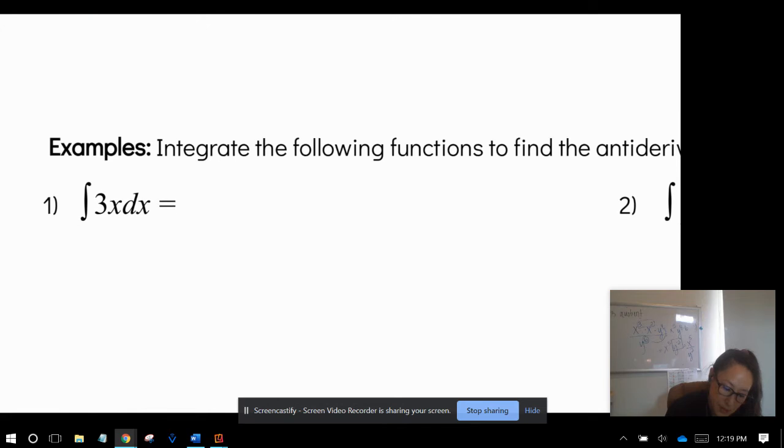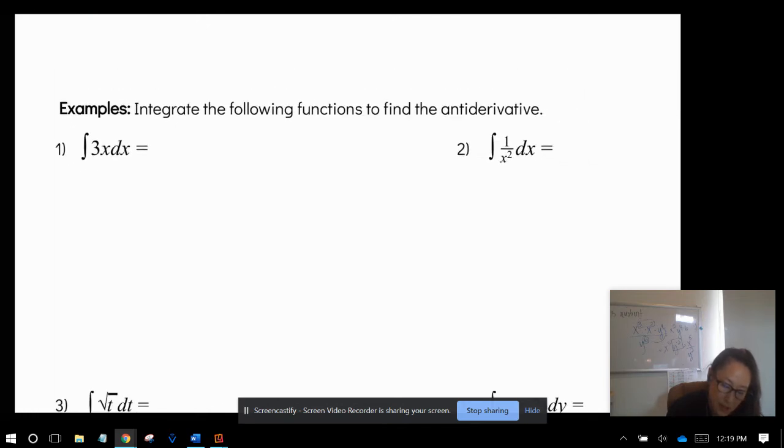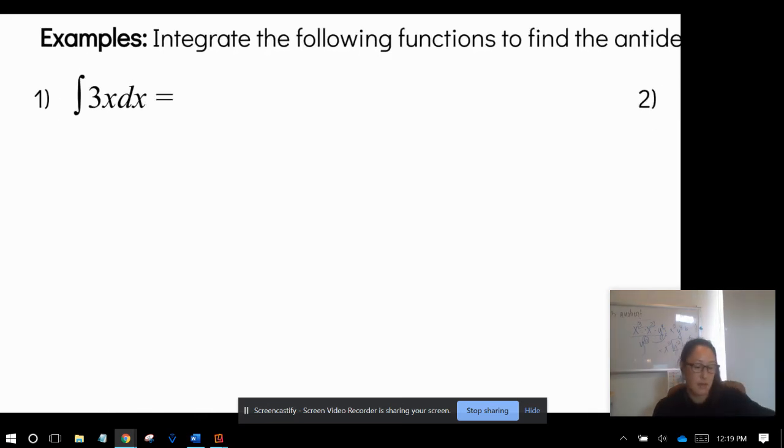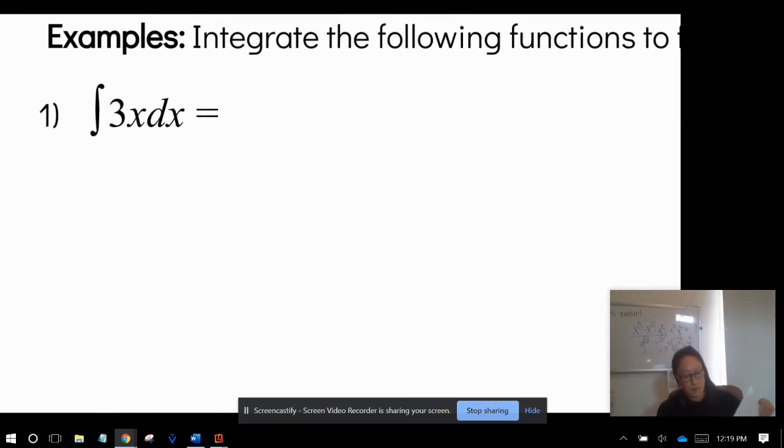Let's do some examples. So we're going to integrate the following to find the antiderivative. All right, so I have the integral of 3x dx. So we're going to take the integral with respect to x. I have a power of 1.